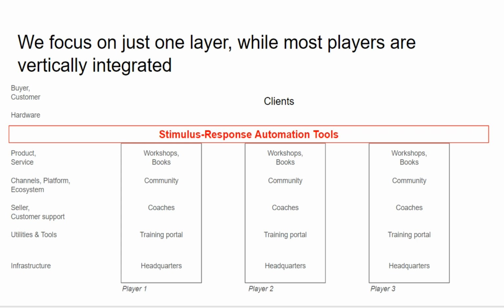These are all very vertically integrated players. And yes, of course, they also have a presence on the layer between the hardware and the products and services. We could call that layer the BIOS, and to some extent they also reach that layer.